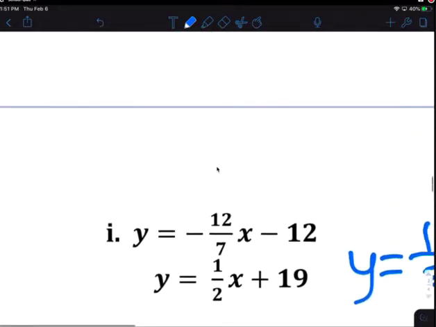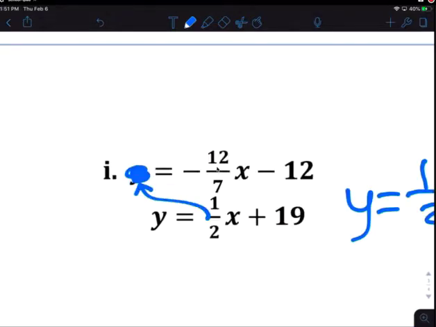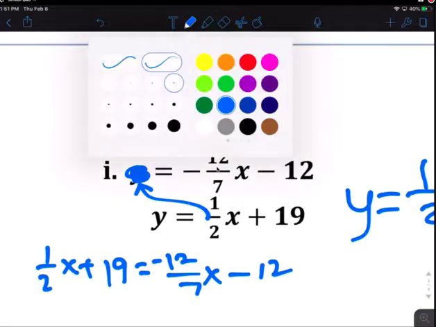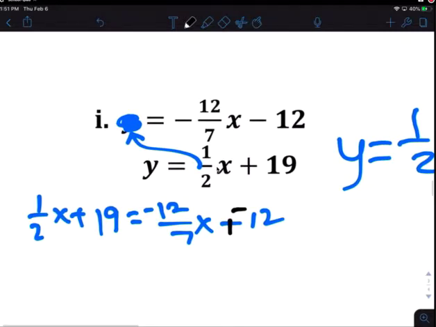So you look at this one here, substitute the y, cross that out, you substitute that into there, got 1/2 x plus 19 equals negative 12 over 7x minus 12. Additive inverse. Okay, you want to get rid of the fraction, so you multiply by 14, that's the least common denominator. Okay, so most of you, if you can't cross cancel here, you just use a calculator.